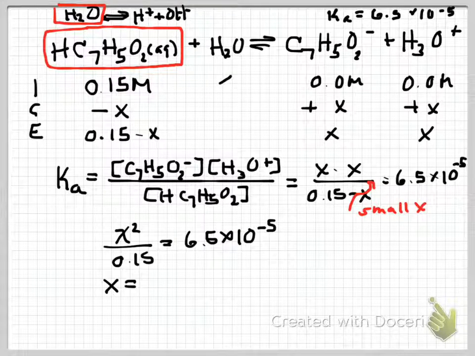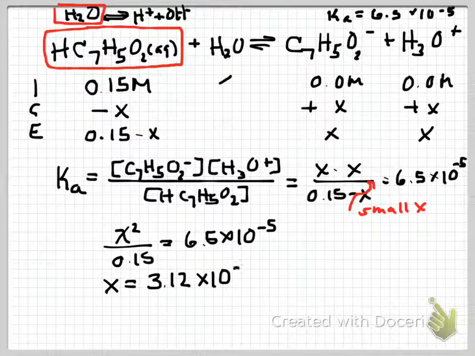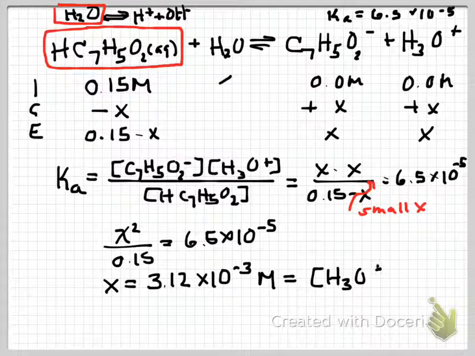x equal to 3.12 times 10 to the minus 3 molar, which is going to equal our H3O plus concentration.